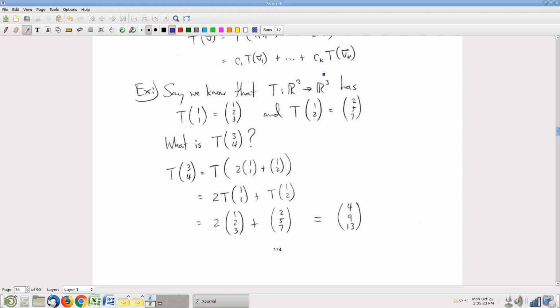So some linear transformation here from R2 to R3. Vector space, vector space. This is a linear transformation. Now our domain is two-dimensional, R2, right? I make the observation that (1, 1) and (1, 2) form a basis for R2.